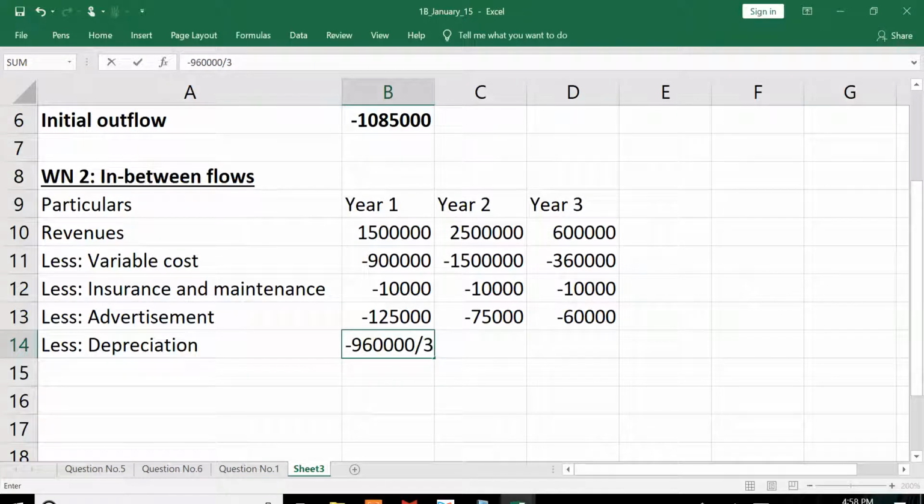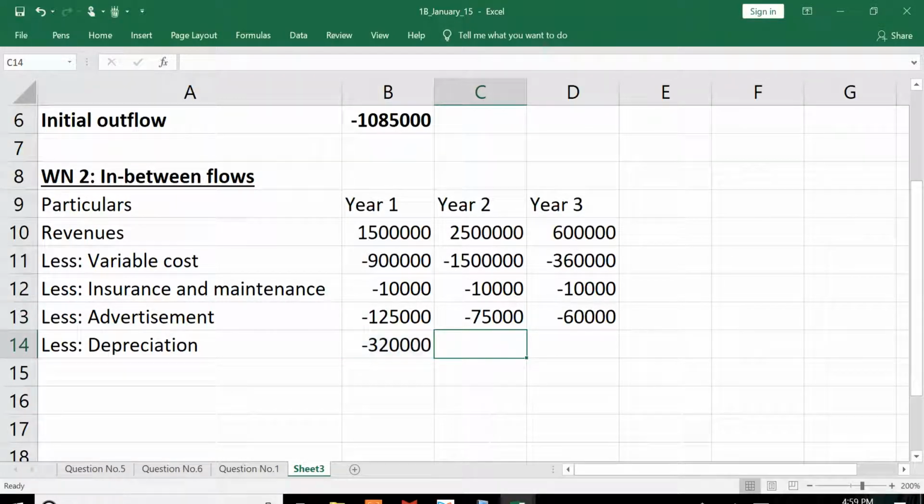Listen. Whenever you are following the WDV method, if you know the first year depreciation, which is 3,20,000, the depreciation rate is 1/3 in this example. Second year depreciation will be 2/3 of this. That's how WDV works. If 1/3 is the rate, the second year depreciation will be 2/3 of the first year, third year will be 2/3 of the second year, and it goes on like this. If the WDV rate was 20%, next year will be 80% of the first year, then 80% of the second year, 80% of the third year, and so on.